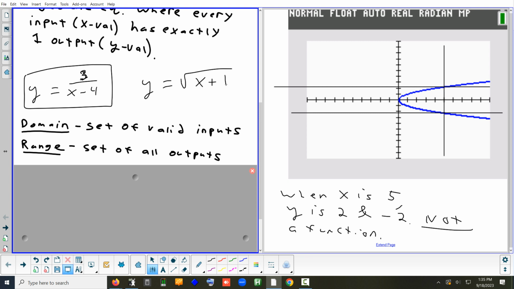But we do not want to take the square root of a negative number. So we would have to pick numbers here to make that not happen. Can anybody tell me what kind of numbers you could pick for x so that when you plug it in, you never get a negative number underneath the square root? Yep.